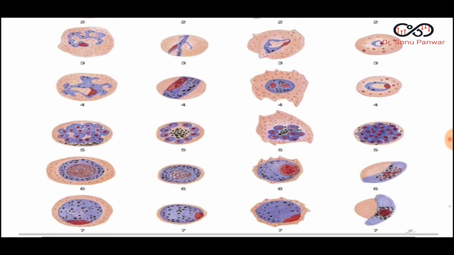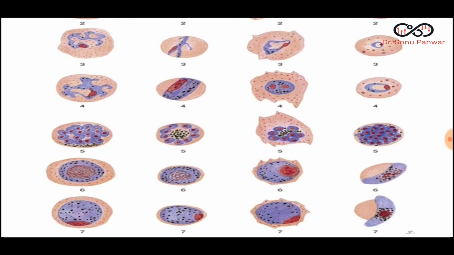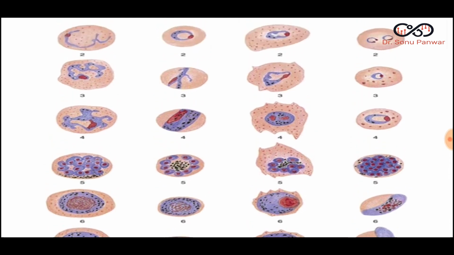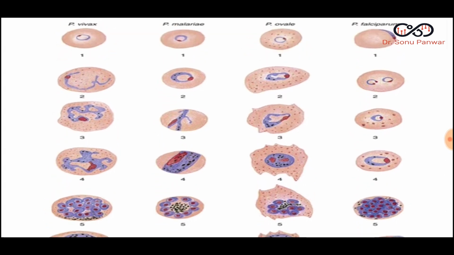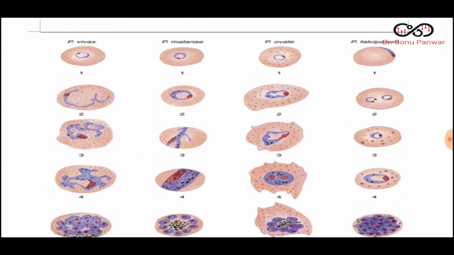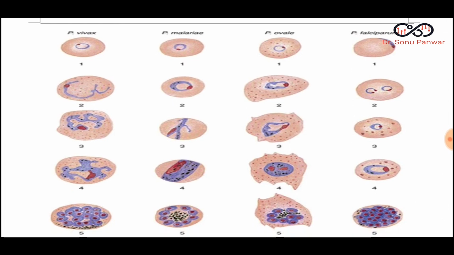So as far as the questions are concerned, two things are sure from this. One is the ameboid cytoplasm, which is important. Another is that the size of the RBC is increased, along with Schüffner's dot. That is typical of Plasmodium vivax.